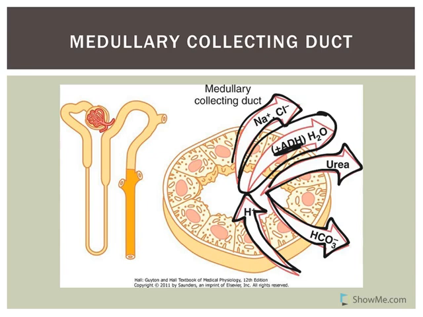So depending on the situation, if that medullary duct, for example, was impermeable to water, because you don't have a lot of ADH, you still have reabsorption of various ions, but water can't leave. And that's why you end up with a very dilute urine.